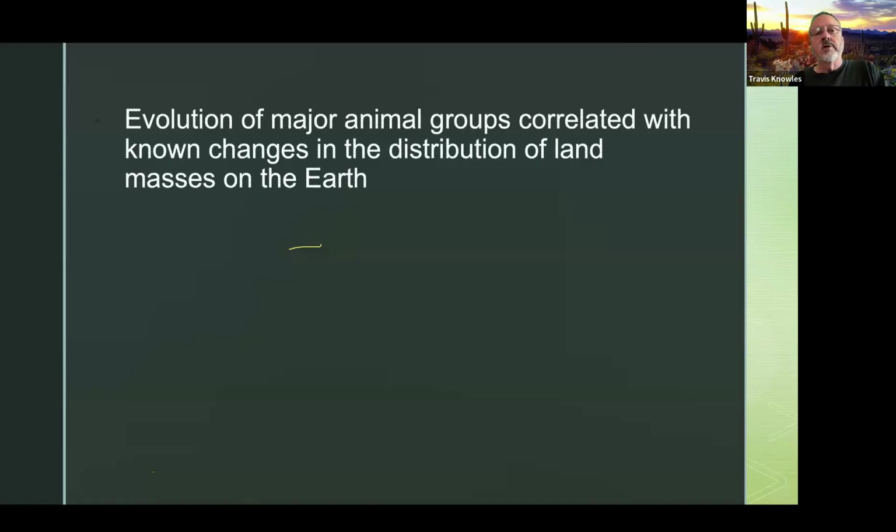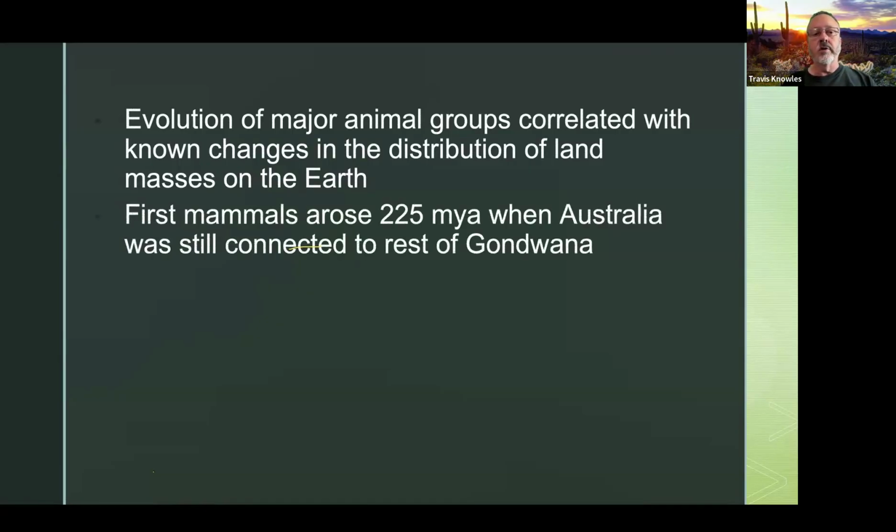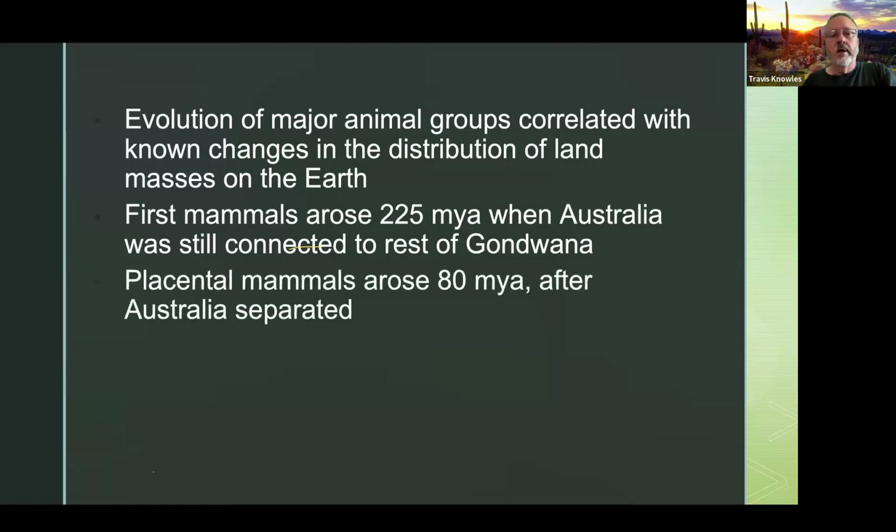So the evolution of major animal groups is tightly correlated with these changing distributions of land masses on Earth. The earliest mammals that we have any record of in the fossil record, you and I are mammals. The first mammals arose about 225 million years ago, and that's back when Australia was still connected to the rest of Gondwana, that southern landmass.